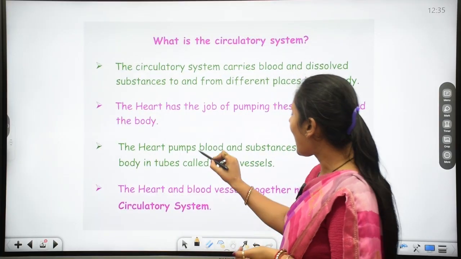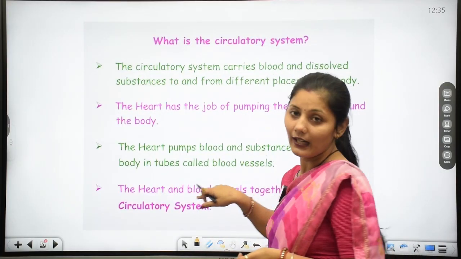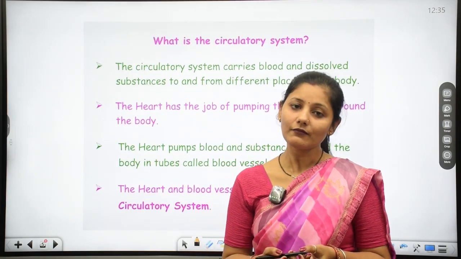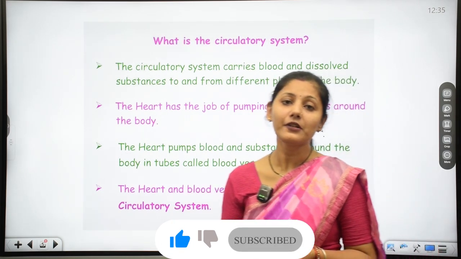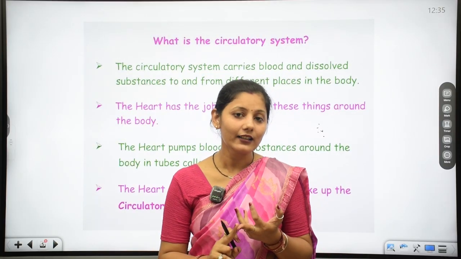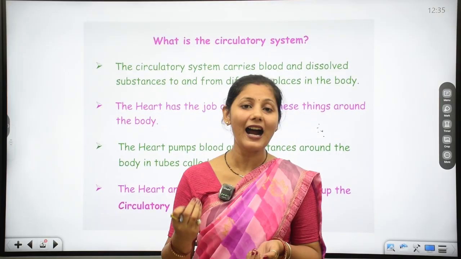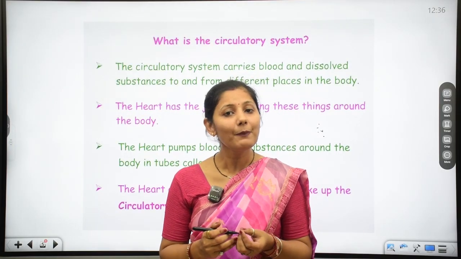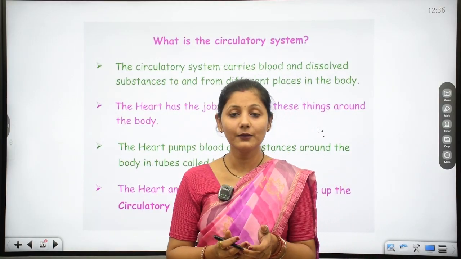The next thing is the heart pumps the blood and substances around the body in tubes, and these tubes are called blood vessels. Now the heart and the blood vessels together make up the circulatory system. These are the three main parts which combinedly form the circulatory system.